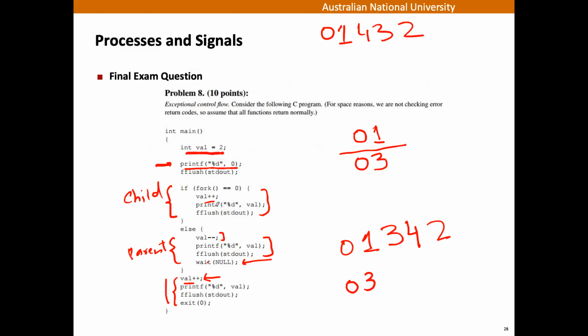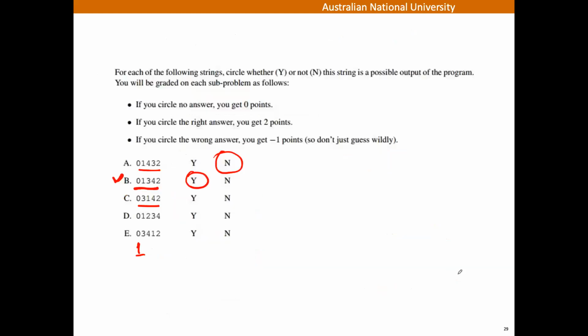The child goes first, prints 3. Then the parent prints. It's possible, right? The child executes, does a little bit of work, then the parent does a little bit of work. Now the parent must wait, but the child will go and print 4, and then the parent will wake up and print 2. These are not hard if you have a good strategy. So this is also possible.